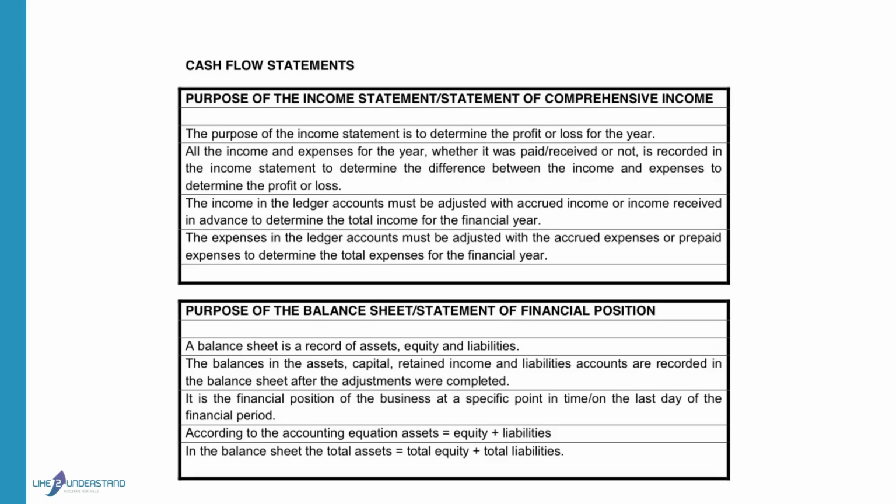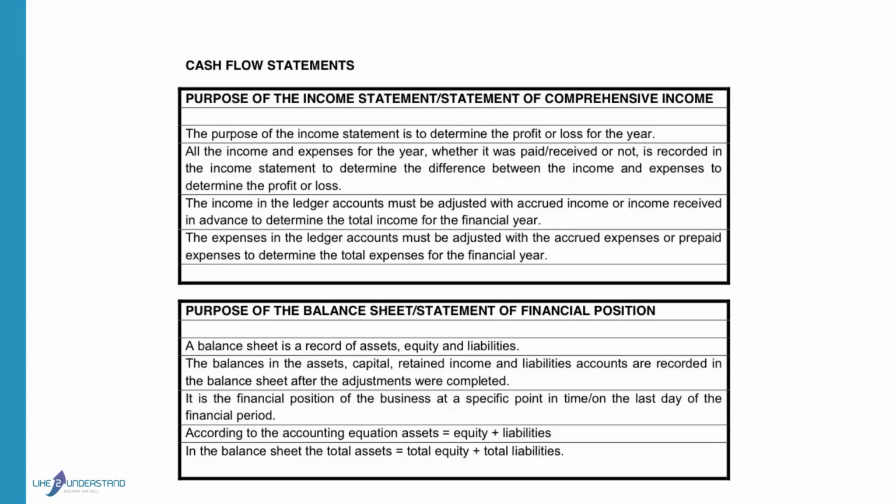If you already received income in advance, then you will also make an adjustment at the end of the year, reduce your income account with an amount that's not for the current year, so that you can determine what is the income for the current year.